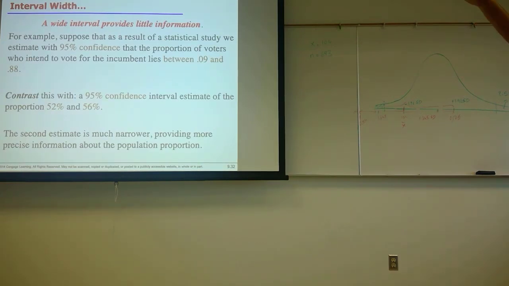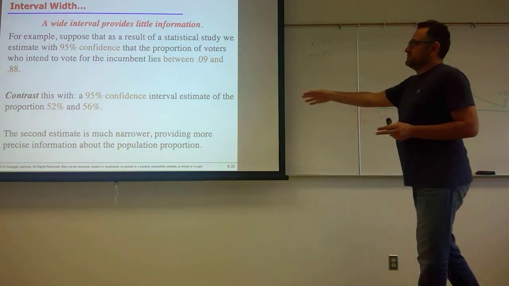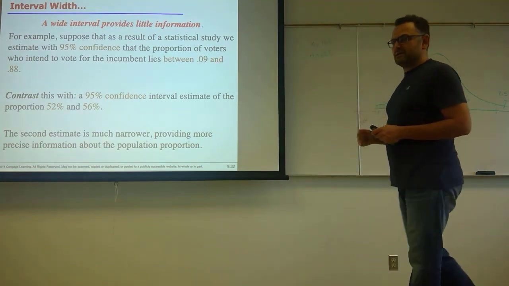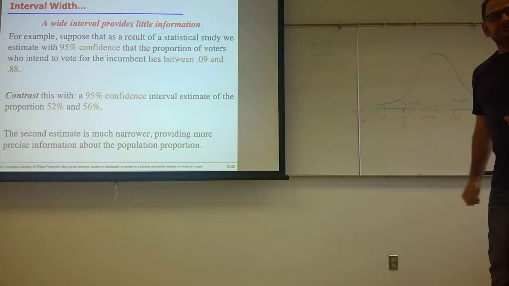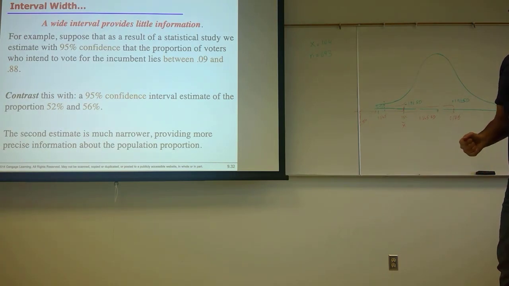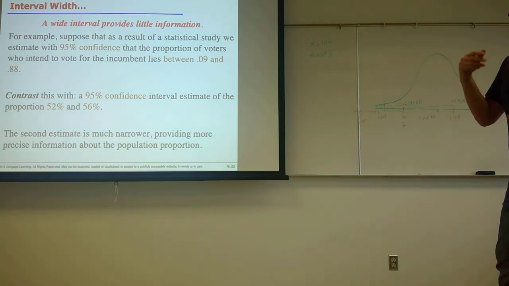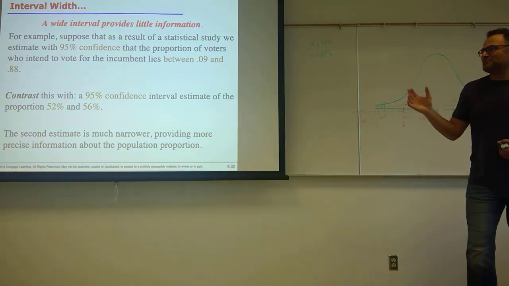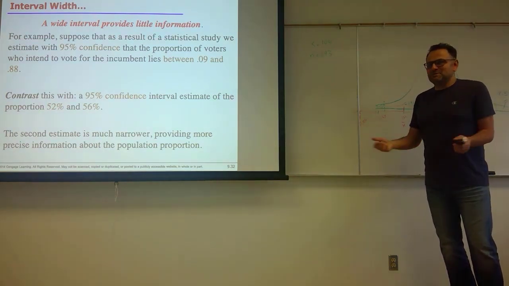So the width of the interval, if it's very wide, provides little information, right? So for example, if you come up with an estimate for an election, that with 95% confidence between 9% and 88% of the voters will vote for candidate A, people will laugh at you.